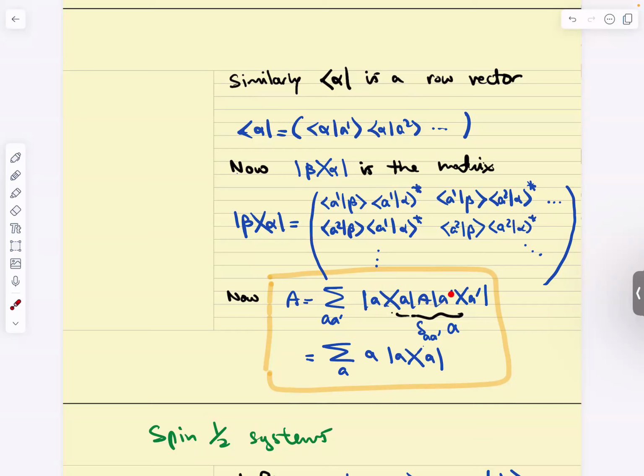A acting on this, well, here I'm acting on the left, so I'm getting A here. Because it's real, it doesn't matter. I don't need to put A star. A star is equal to A. And then these two are orthonormal. So I get delta of A prime. You sum them, you get sum over A, A ket bra A. So this means that every observable in its own eigenbasis is a diagonal matrix.